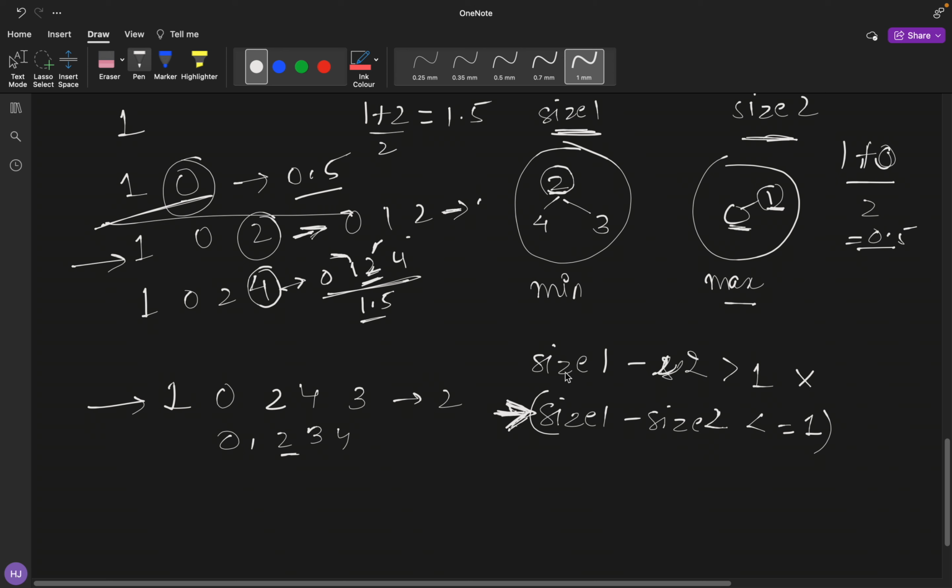If my element is present in the min heap, then I have to pop it off and insert it in the max heap, and if it is in the max heap, I have to pop it off and insert it in the min heap. So the difference among the sizes of both heaps should always be between 0 and 1. Only then are we able to fetch the middle values.